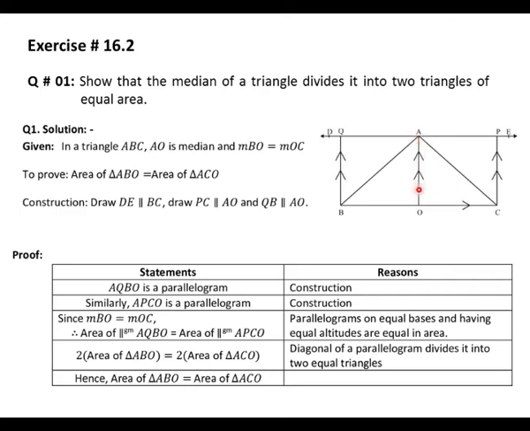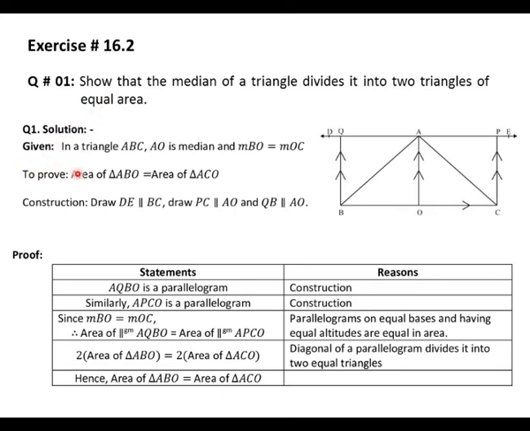So AO is a median, as AO is bisecting the side BC. Bisecting means O is the midpoint of the side BC, which further means BO is equal to OC. Now read the given. In the triangle ABC, AO is the median and BO is equal to OC. This is obvious, because AO is the median.